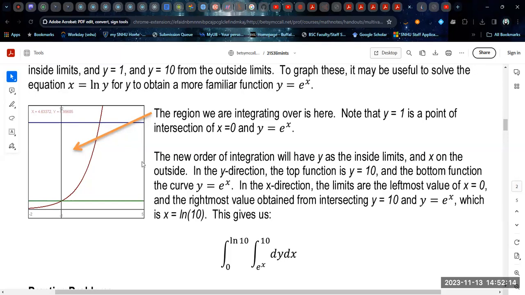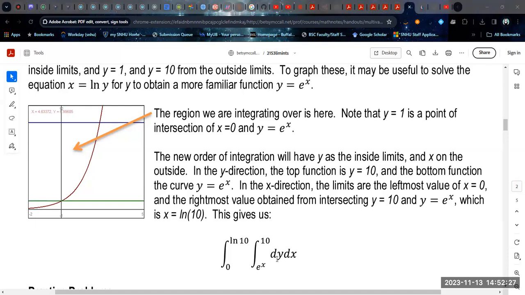When 10 is equal to e to the x, you can solve that for x equals log 10. And so that is our rewritten integral, still in x and y, but now in dy, then dx, instead of dx and then dy.